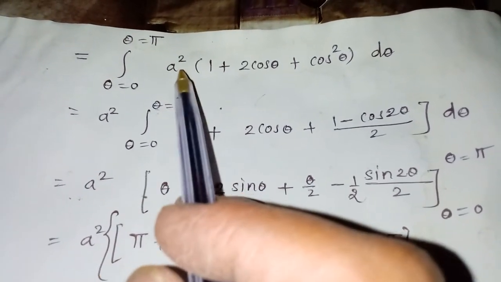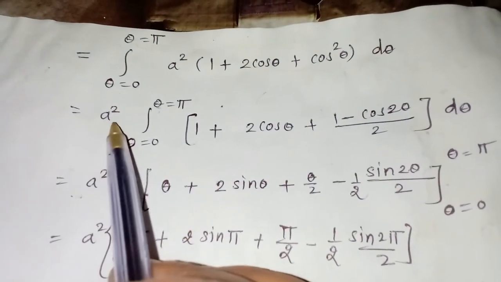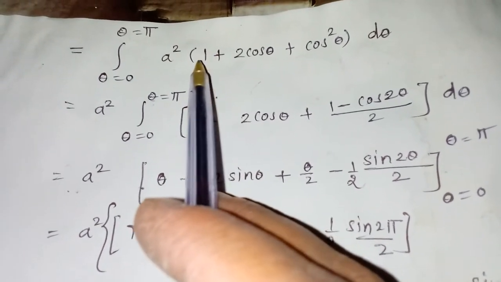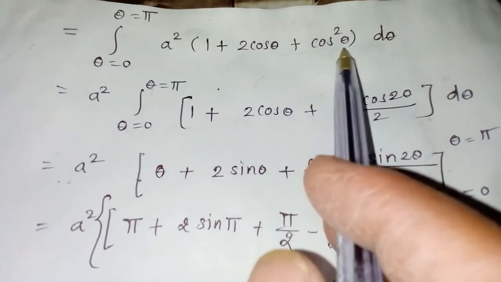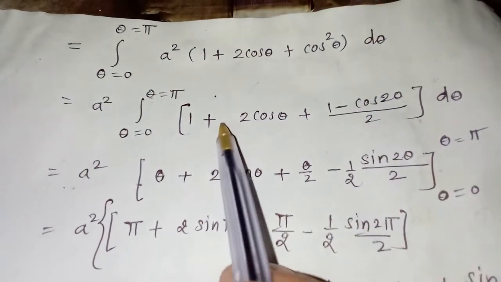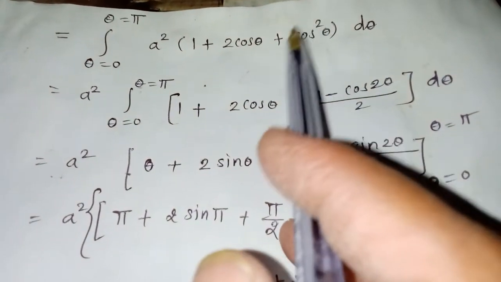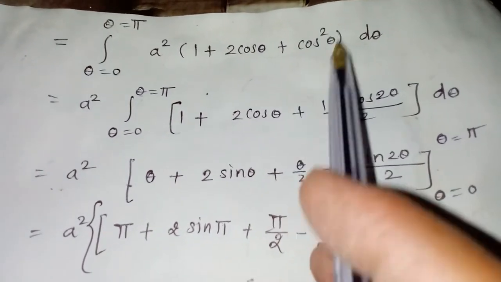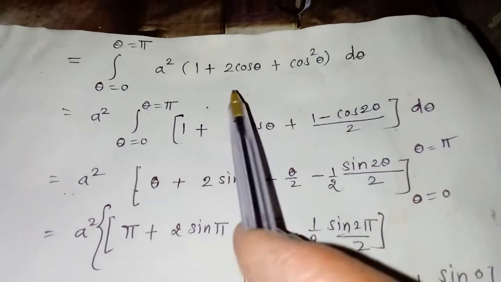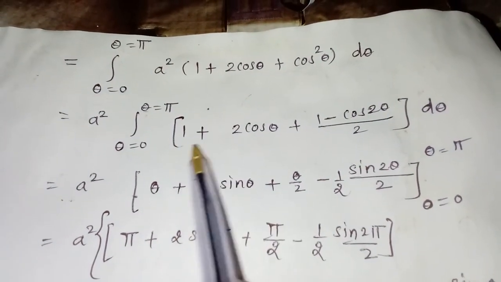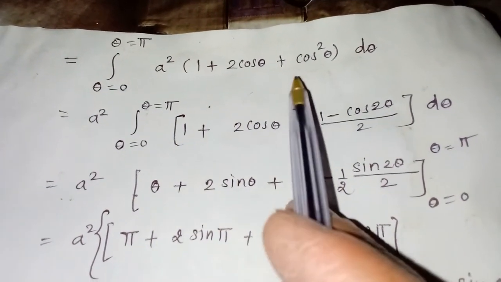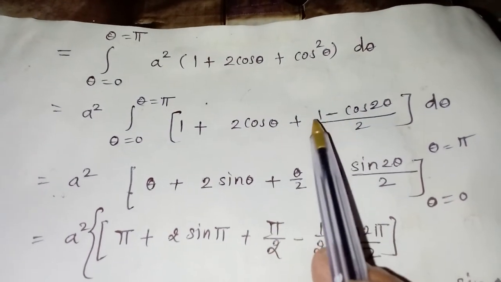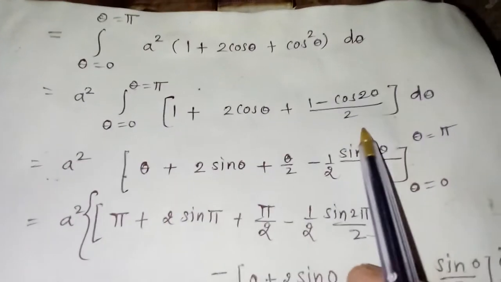So I am taking a square outside the integration, and the inside terms will be 1 plus 2 cos theta plus cos square theta only. We cannot find the integration of cos square theta directly, so I have to simplify this also. In the next step I am taking 1 plus 2 cos theta as it is, plus I am using the formula that cos square theta can be written as 1 plus cos 2 theta upon 2.